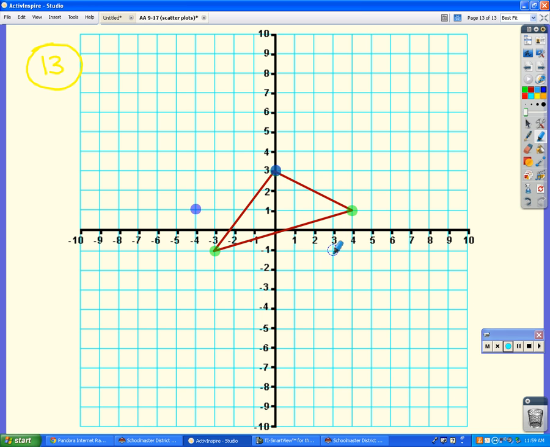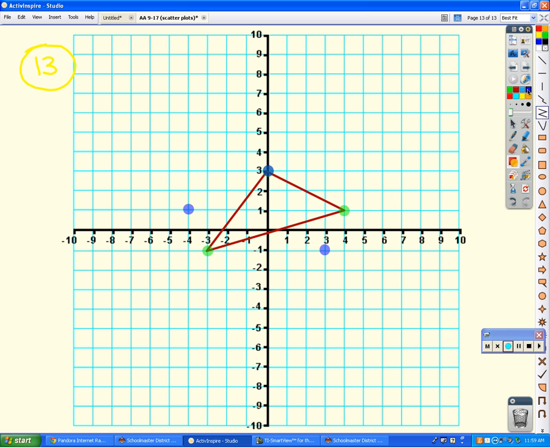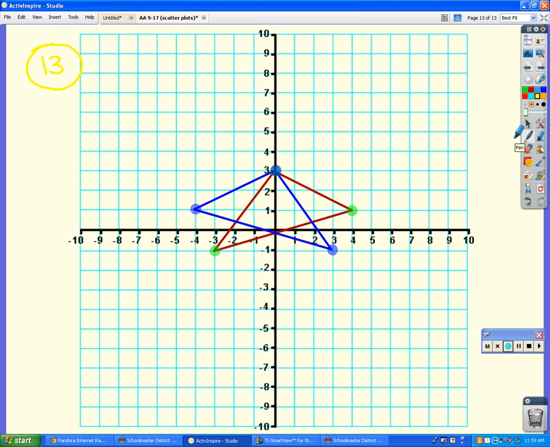And so my new shape will look something like this. And what do we have to do? Find the coordinates of it? Can you see that that's just the same thing flipped over? So this one stays at (0, 3). This one is now at (3, -1). And this one is at (-4, 1).